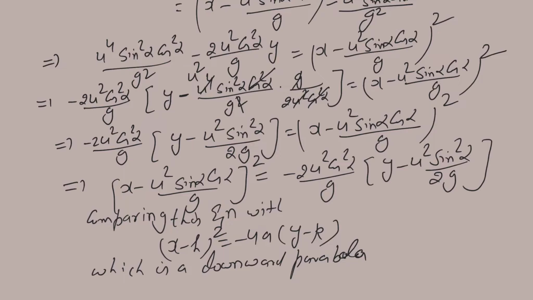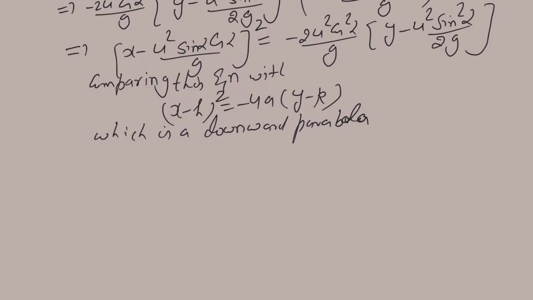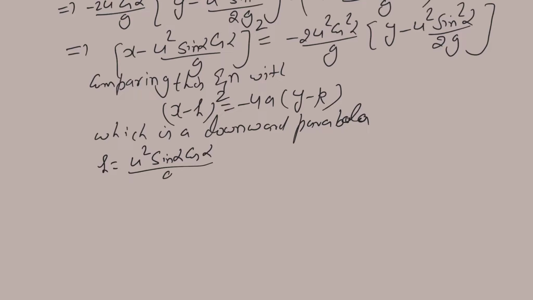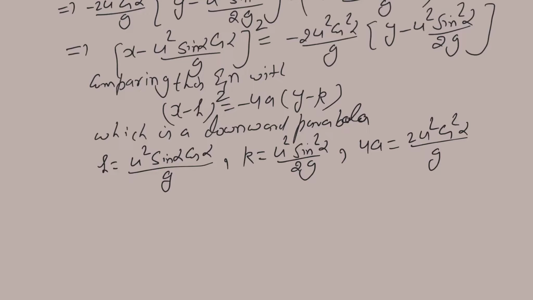So this implies that h is equal to u square sin alpha cos alpha by g, k is equal to u square sin square alpha by 2g, and 4a is equal to 2u square cos square alpha by g. So this is downward parabola, and you will name it as equation number 1 and equation number 2.